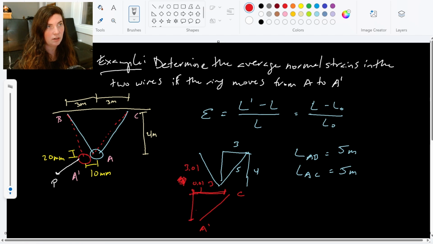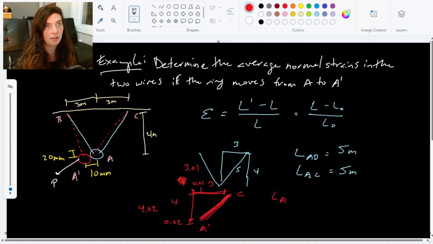And then our side length here is our 4 meters that gets shifted down by 20 millimeters. So it's adding 20 millimeters to it. 4 meters plus 20 millimeters, 0.02, is 4.02. And now, of course, we'll have to do the Pythagorean theorem to find what this length of A prime C is.